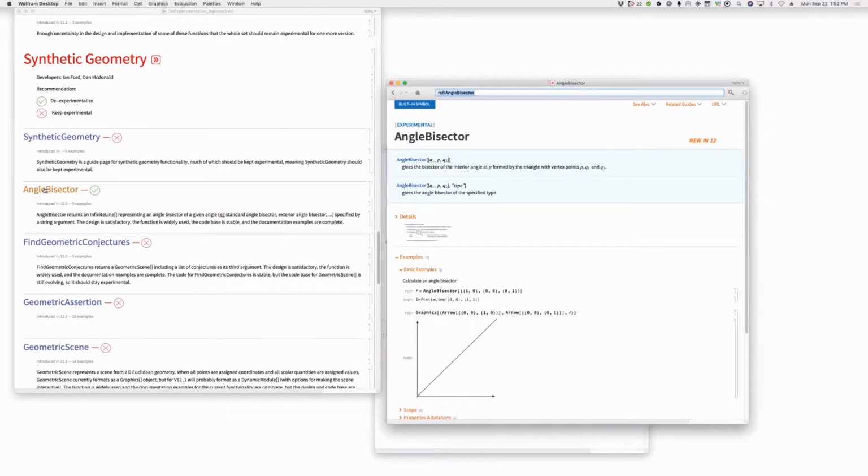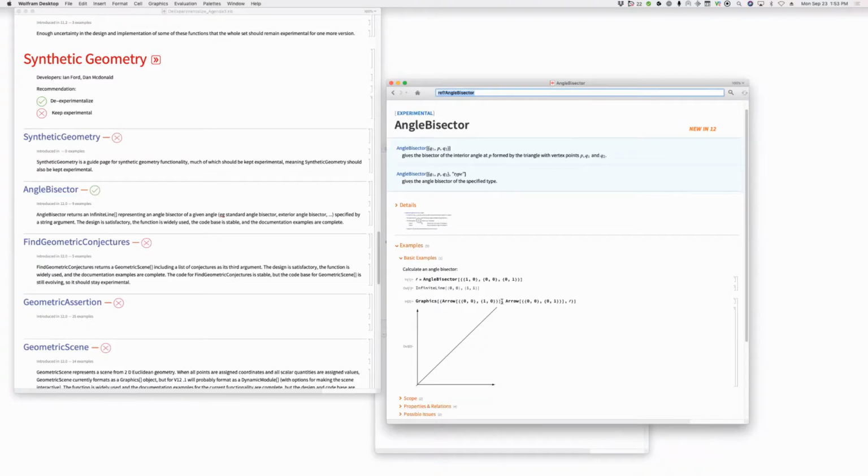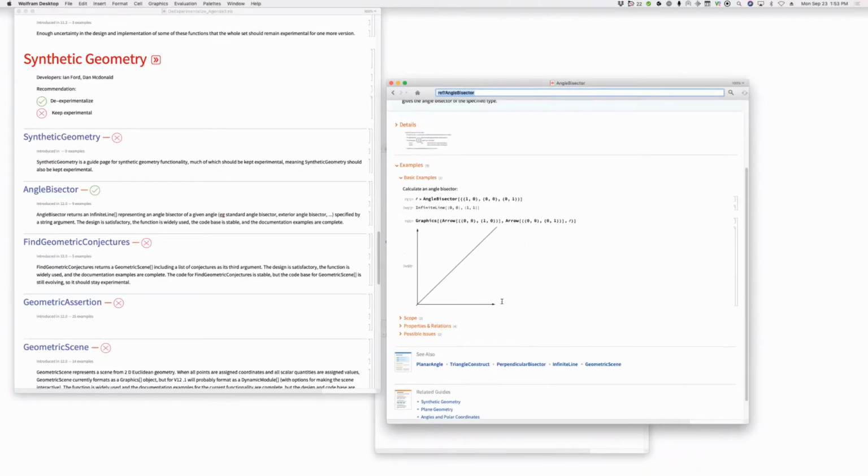Okay, angle bisector simply evaluates and gives a primitive. Is that correct? Correct. Yes. I really wish people wouldn't use these microscopic, weird script characters in documentation, but that's just a pet peeve.